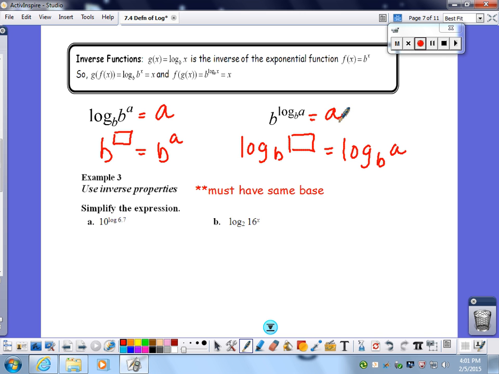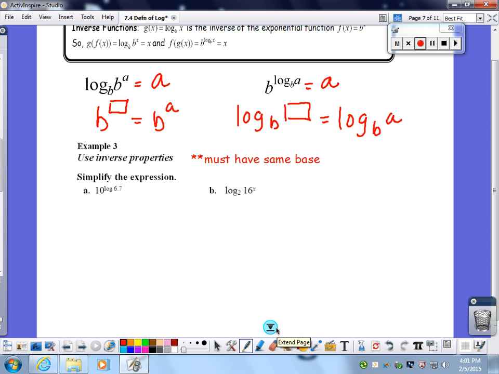All right, let's use our inverse property to simplify these expressions. So here I'm going to rewrite this. I've got 10, this is exponential form. So 10 to the log base 10 of 6.7 is going to equal something. We're going to simplify this, and like I said, you can use an x if you want to. The reason I turn it into an equation is that way I can change the form.